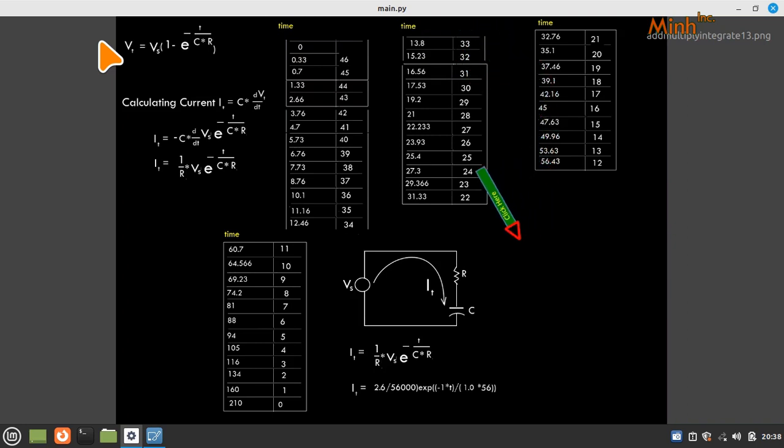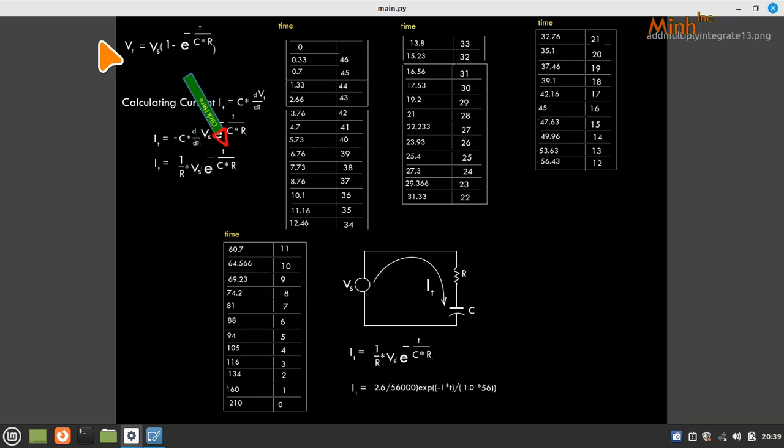Then we see that it started with around 46 microampere, and then reaches 11 microampere at 1 minute. 46 to 11 in 1 minute, and then 0 in 210 seconds, that is 3 minutes 30 seconds. So that much delay it is taking.